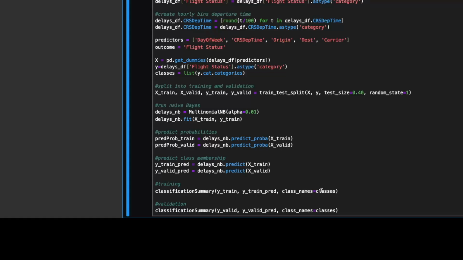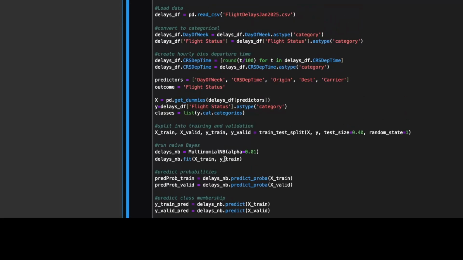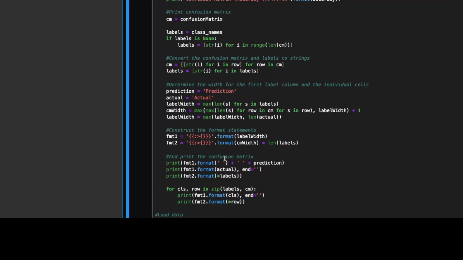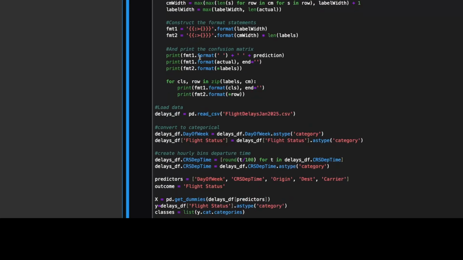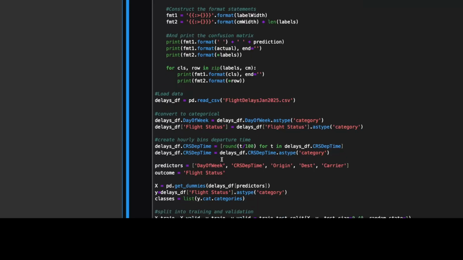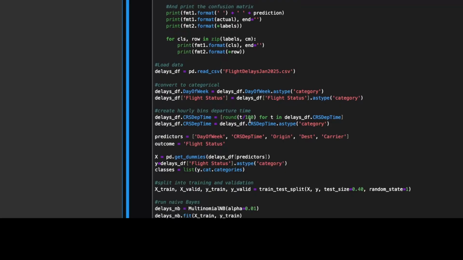So this is for the training set, and this is for the validation set. The rest of it is essentially what we had just done first. We create that classification summary function. We are loading the data. So some of that we just did again, what we had already done. This also was done earlier. So just a repetition of what was done. And then this was also something, a bin.